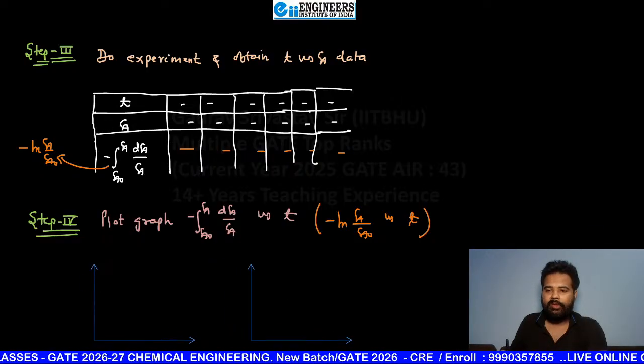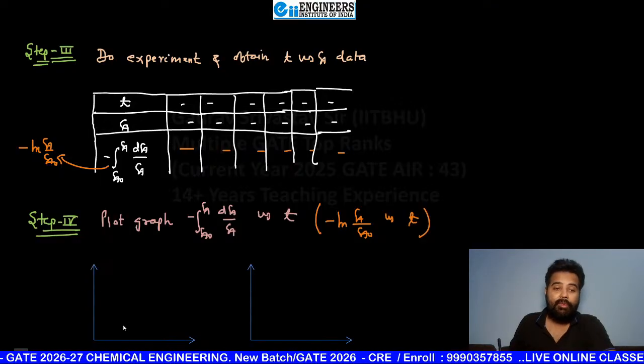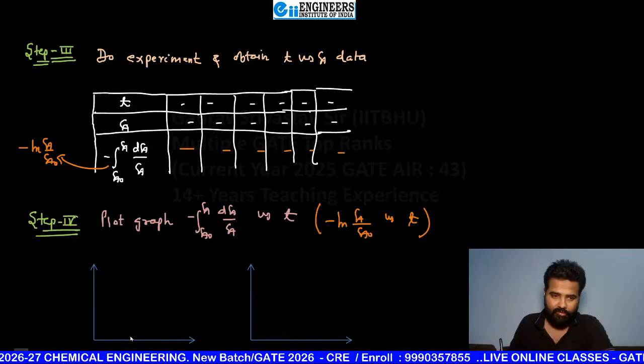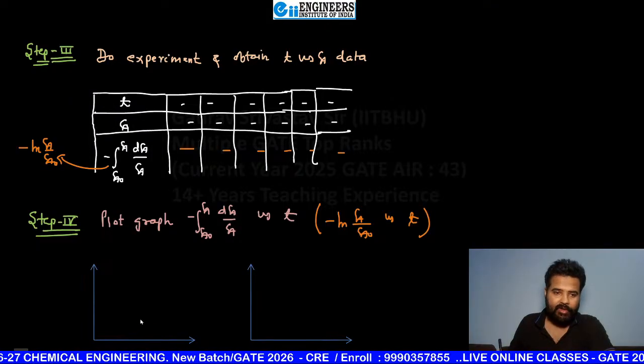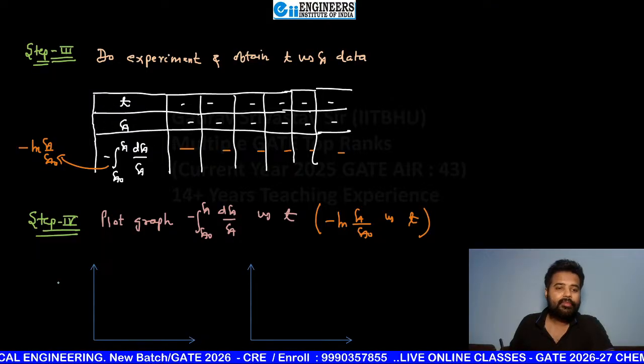Be careful what I am going to ask. Tell me. The graph must be a straight line. Here the graph that we are obtaining must be a straight line. The statement is correct or not correct? Tell me.